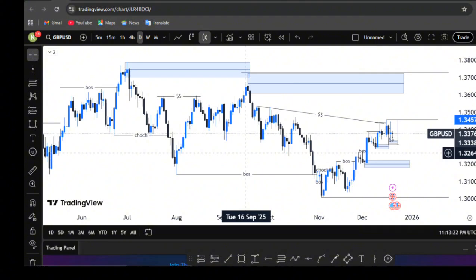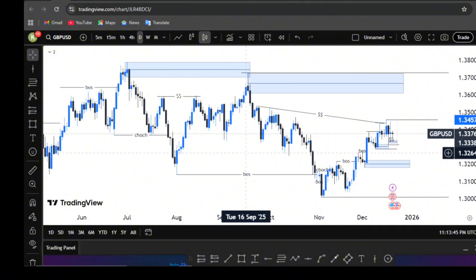Today we are going to first look at what we expected last week on GBP USD, and then we see how the market played out. After, we shall look at what we expect next week, though this week will be the last week for me to trade.